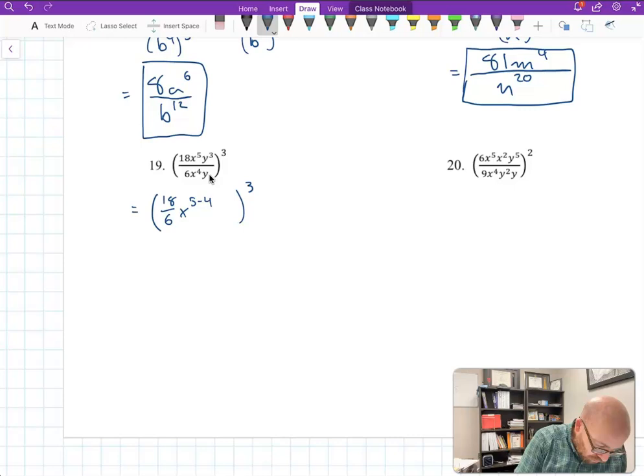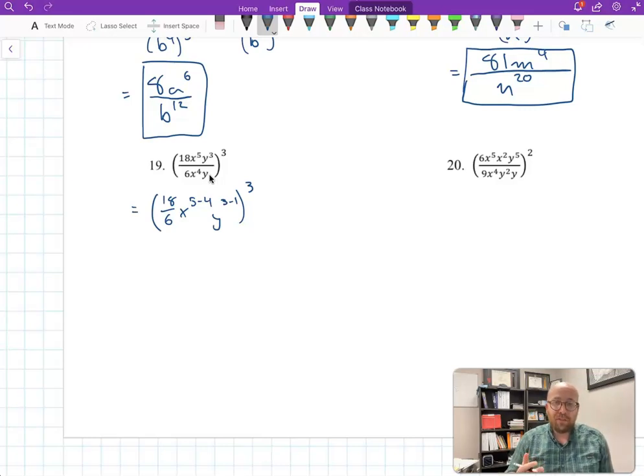Again, the quotient rule, where we're going to take y to the 3 minus 1. And that's just inside the parentheses. Let's simplify. 18 divided by 6 is 3. 5 minus 4 is 1. 3 minus 1 is 2.